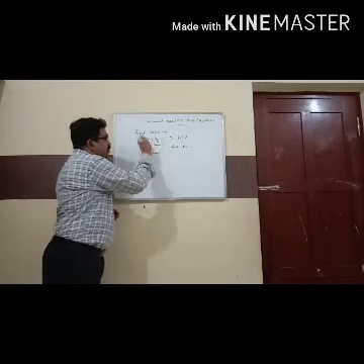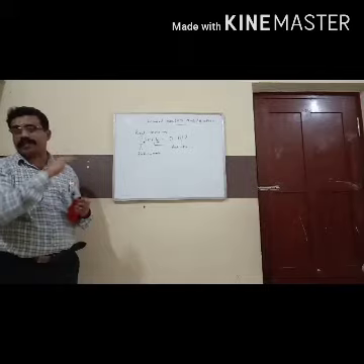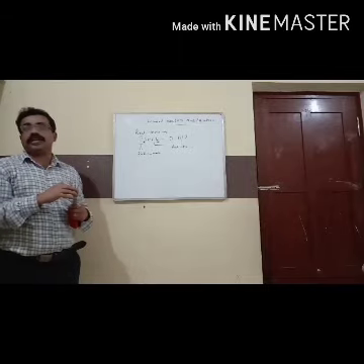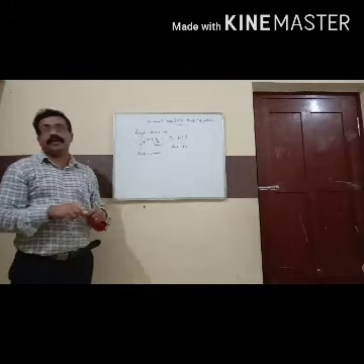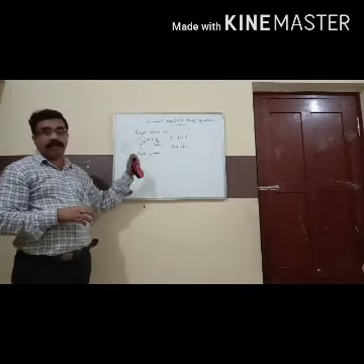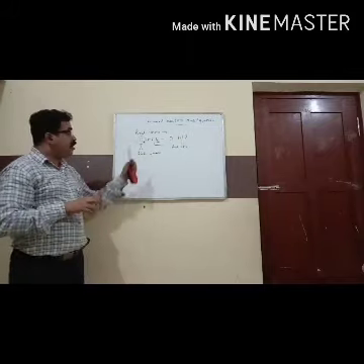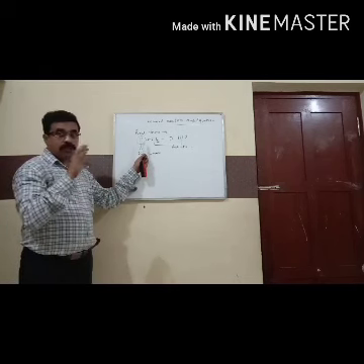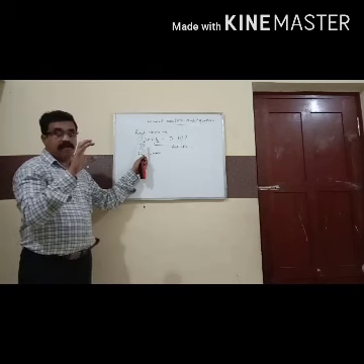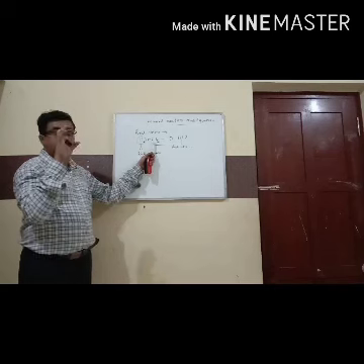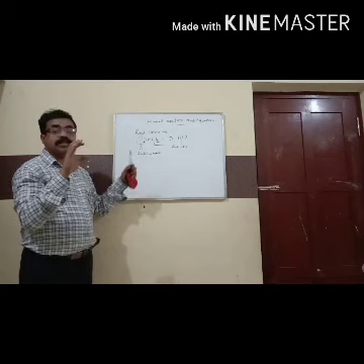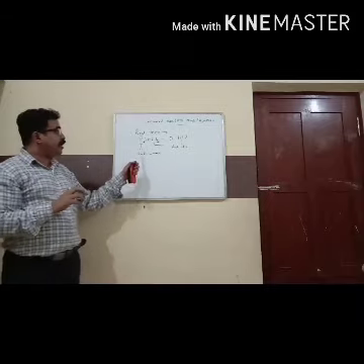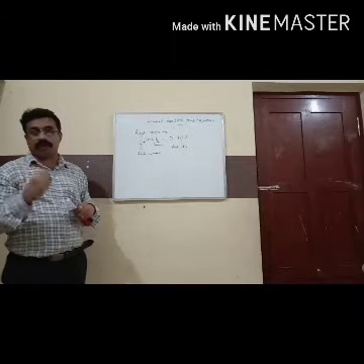The oxidizing agent or the reducing agent will always be found on the reactant side. Don't search for it here, it will be here. So remember, the substance which helps a molecule, element or compound to get reduced is known as the reducing agent. So here it is H2 which is helping to reduce.